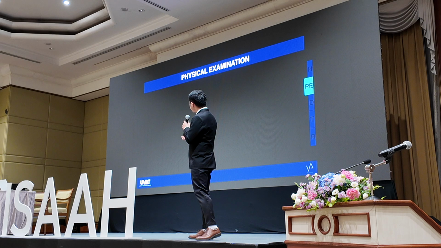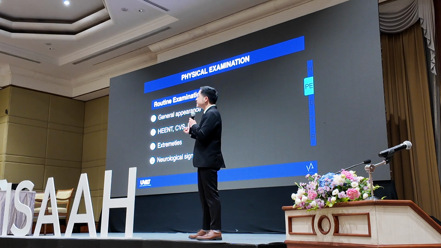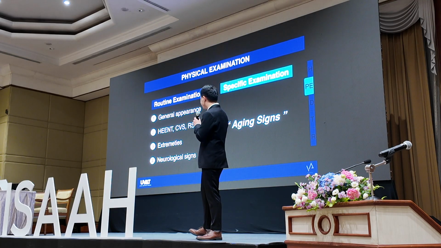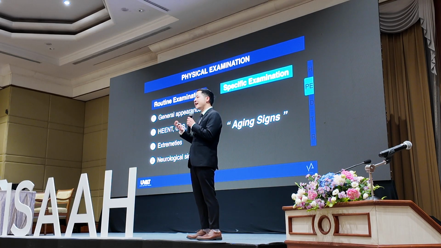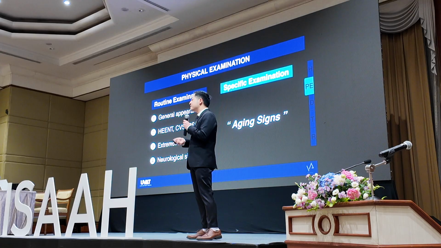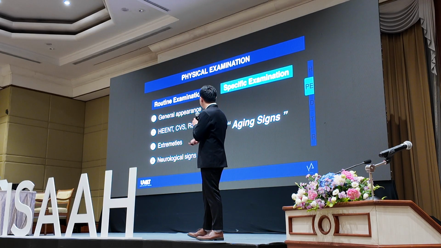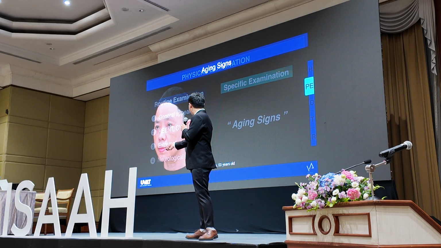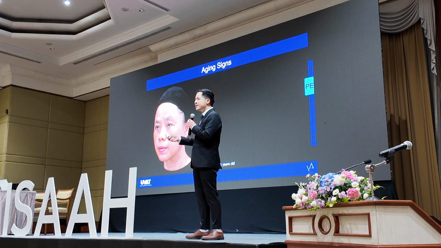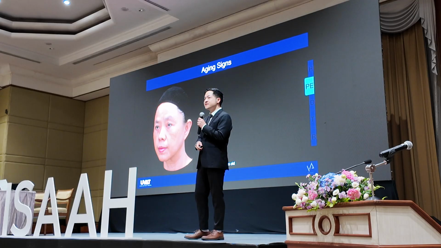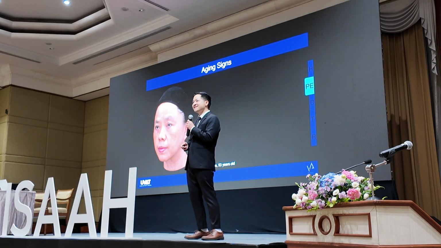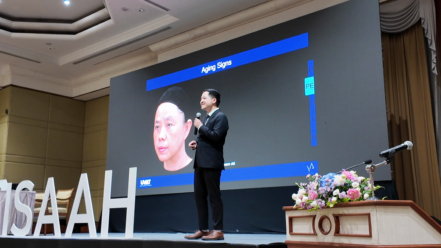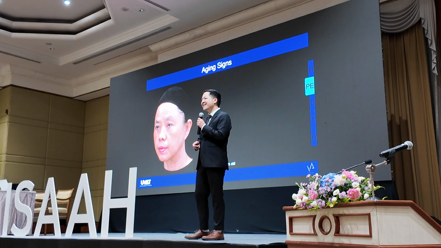For the physical examination, we have the routine examination, and also a specific examination called aging signs. Let me start with one example. This is a 53-year-old patient. Can you see her aging signs? Yes, I see many people like this.